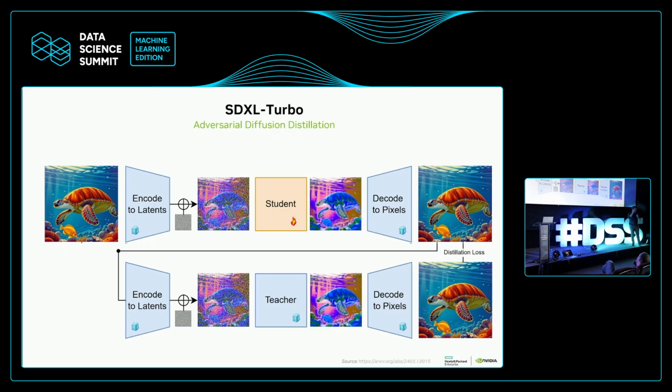There is one more very important factor in here. The technique is called adversarial distillation. So we are using a discriminator coming from a GAN. We are using DINOv2. That's a feature extractor network that was developed by Meta.